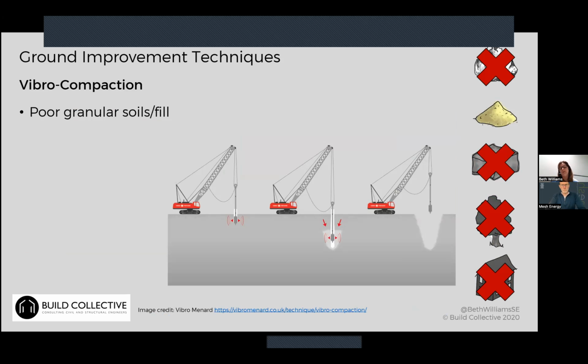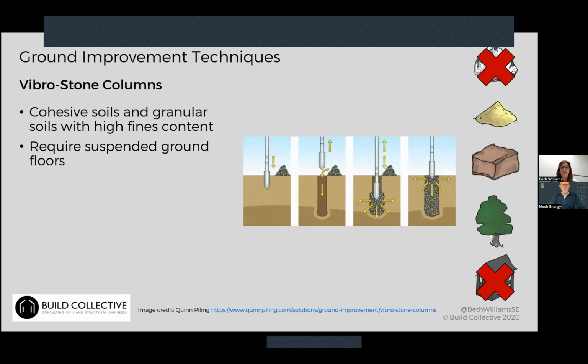And then you design a raft slab to go over, or a foundation to go between, those little columns in the ground. The similar option for clay sites is to use an imported material in your little columns to make a stone column in the ground, and that's vibro stone columns. Like I say, for clay sites.